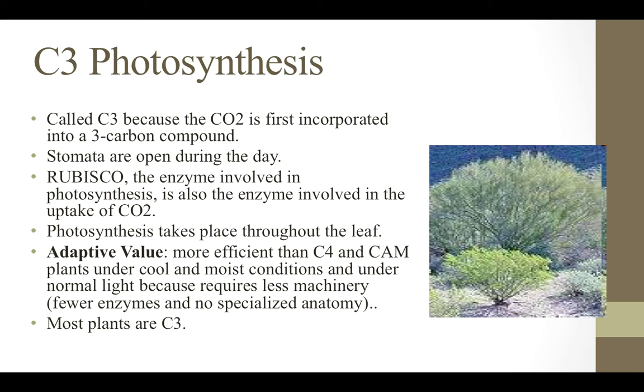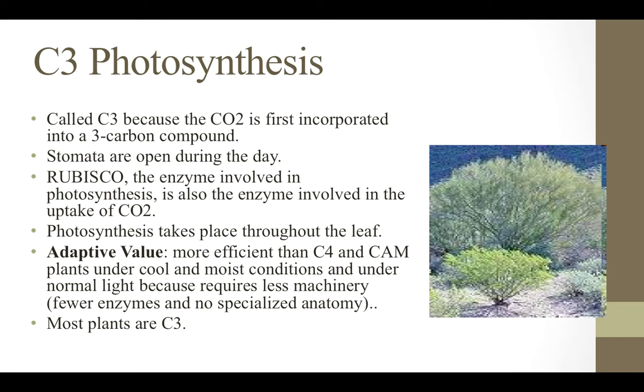Photosynthesis takes place throughout the leaf. The adaptive value: it's more efficient than C4 and CAM plants under cool and moist conditions and under normal light because it requires less machinery, fewer enzymes, and no specialized anatomy. So most plants are C3 plants.